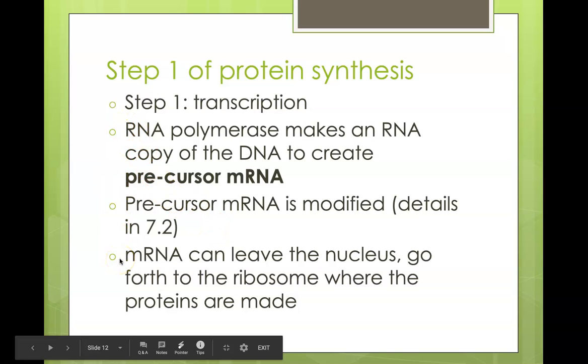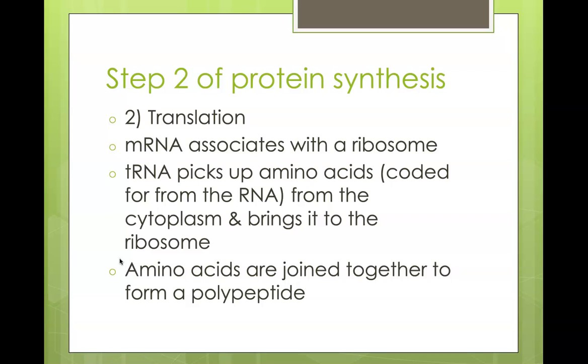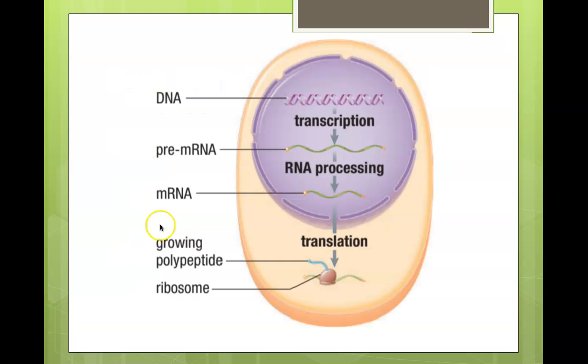This is just saying what I already said. There's a lot of repetition in this lesson, but hopefully you get it. You have your double-stranded DNA. It is transcribed to give you pre-mRNA.